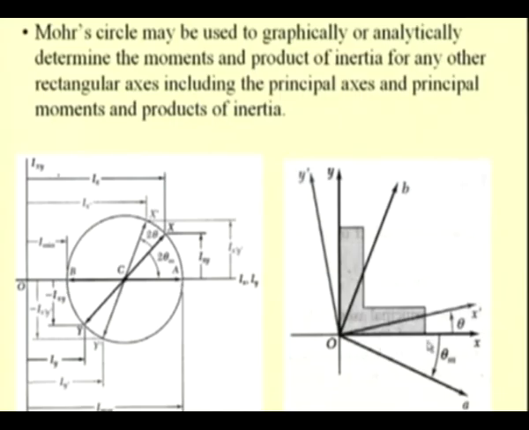So, we rotate the axis Oxy by half this angle. That is, if this angle is 2 theta m, then we rotate it by an angle theta m in the same direction.